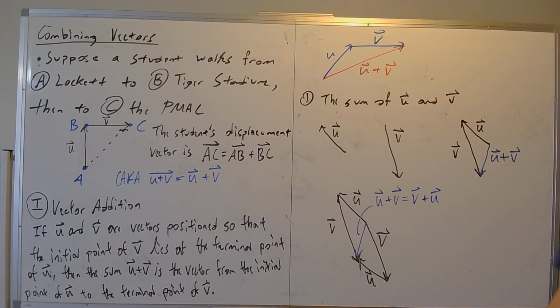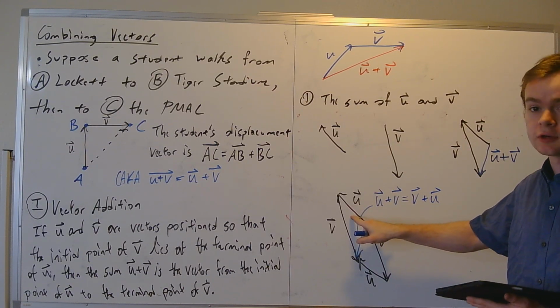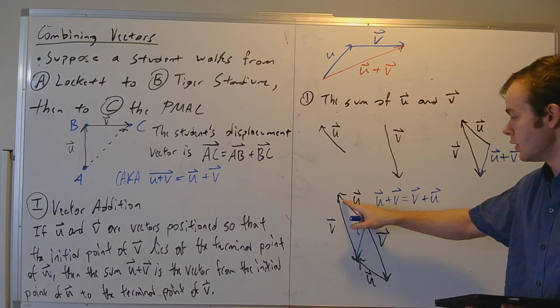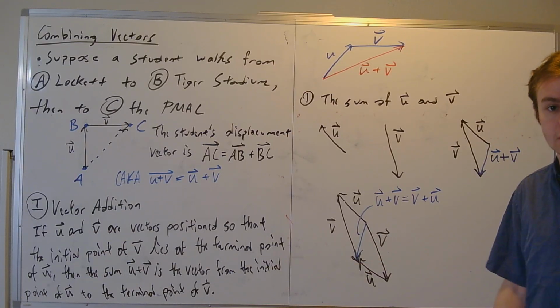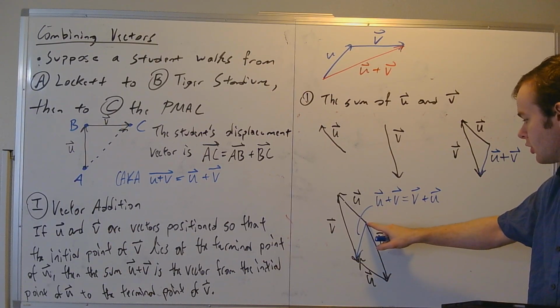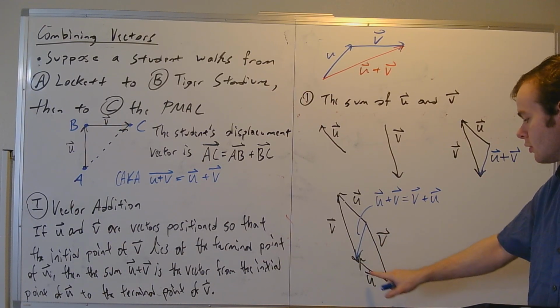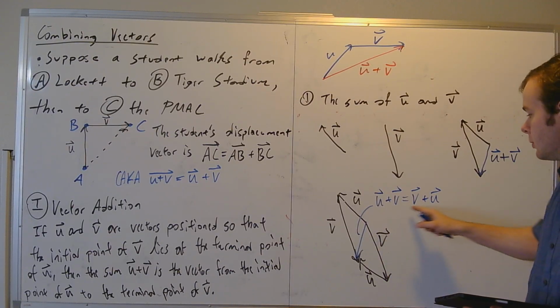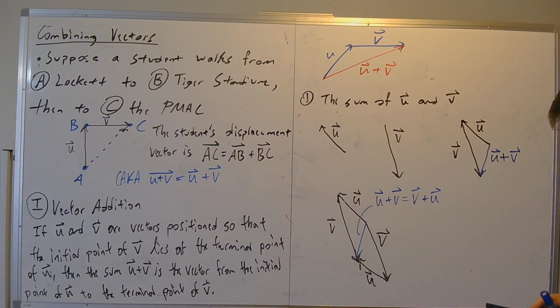What I'm saying is it didn't matter which vector we picked first, just so long as we pick a vector and then stick the other vector on the end of it. We picked v and stuck u onto the end of it, and they both give us the same answer. Just like regular addition, the order that you add these in doesn't matter.